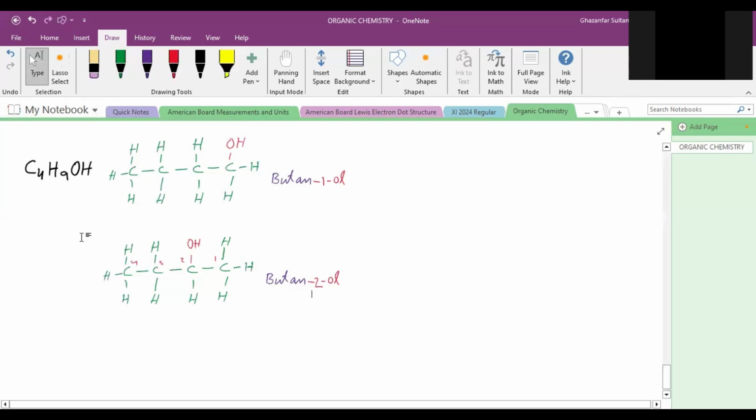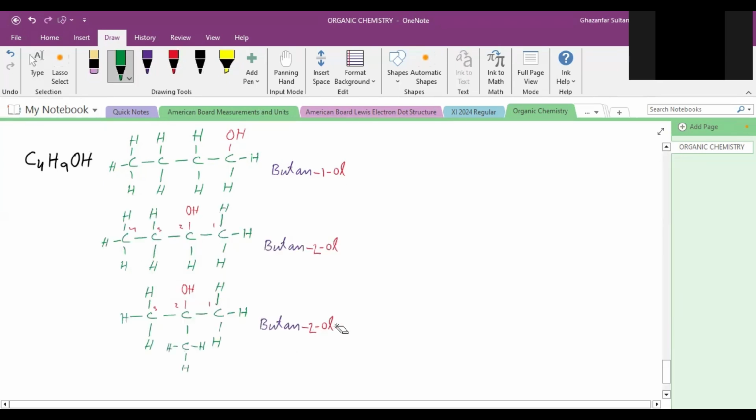But there is another possibility of such an alcohol that has the same molecular formula C4H9OH. And you can see here, this CH3 is also out of the basic chain. So this is a group. And fortunately, the position is the same.